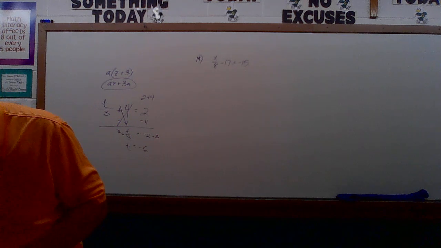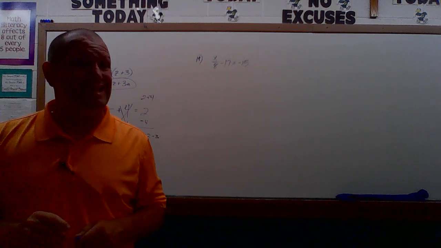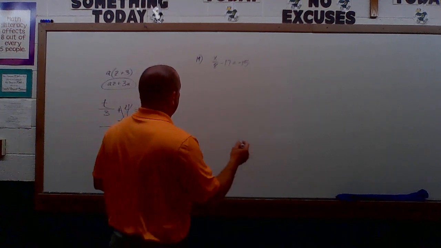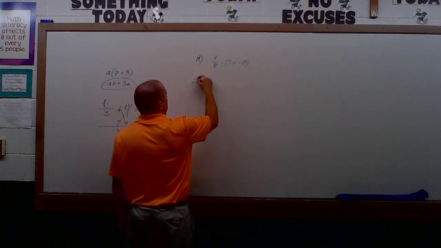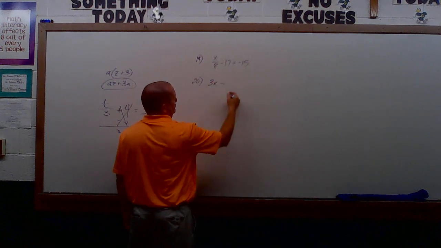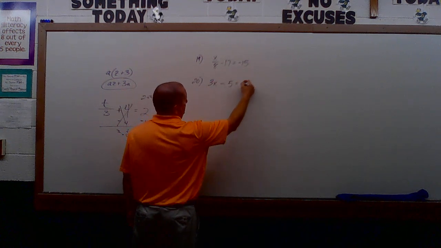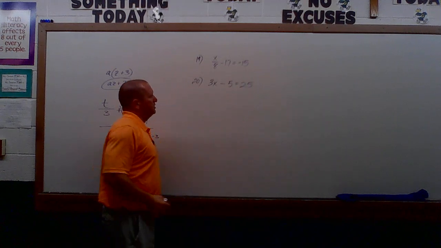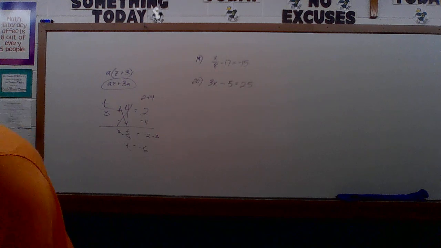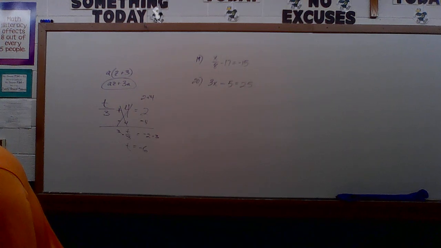Now 20. Less than? So now we've got less than, right? So 3x minus 5 equals 25. Perfect. When it says 3 times the number, minus 5, equals 25. So x is 10. What if it didn't say less than, it just said less?